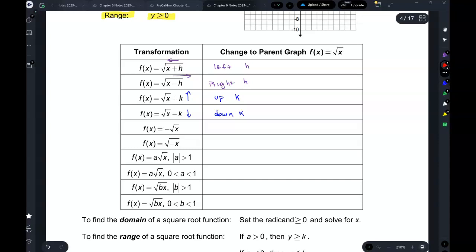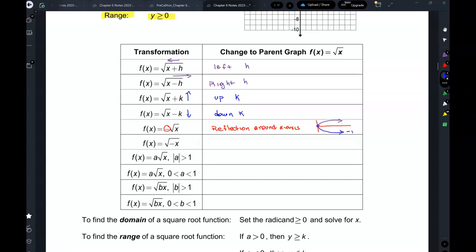Okay. If I have a negative outside, what is that? That is a reflection around the x-axis. That means instead of the graph looking like this, it goes down and it looks like this. This is negative root x.